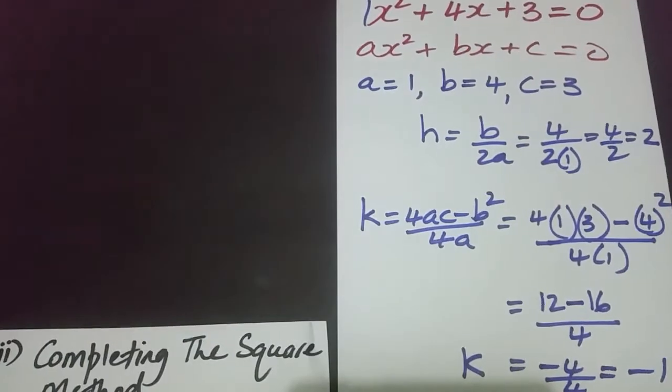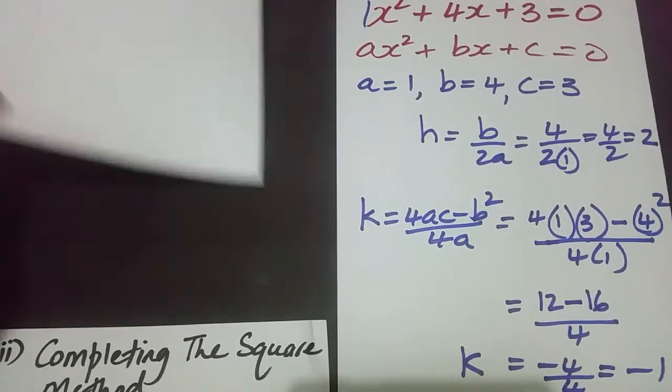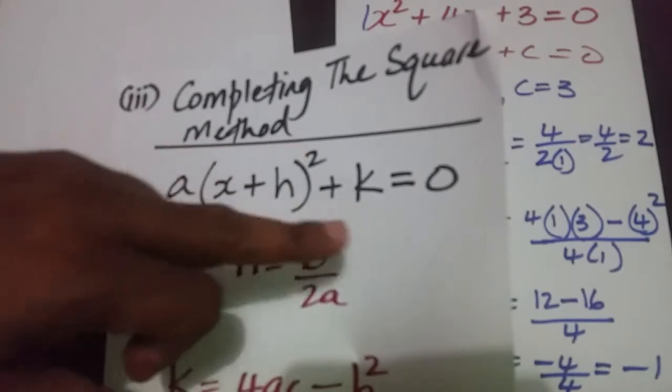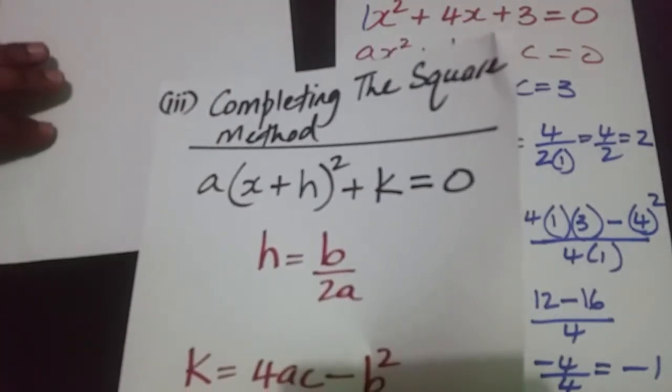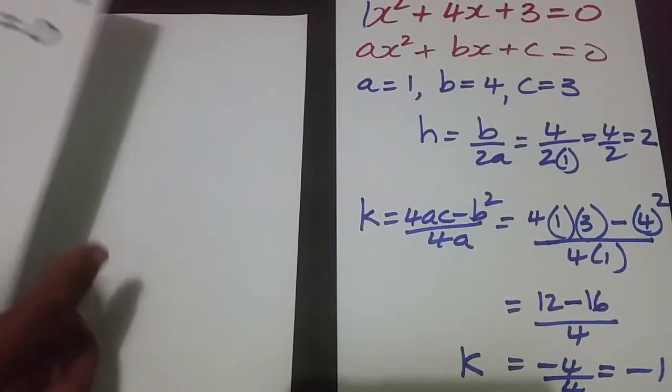So again, the completed square form is what we showed at the beginning: a open bracket x plus h close bracket squared plus k, and then equals 0, because we're going to be using it to solve the quadratic equation. I'm just going to plug this in here.